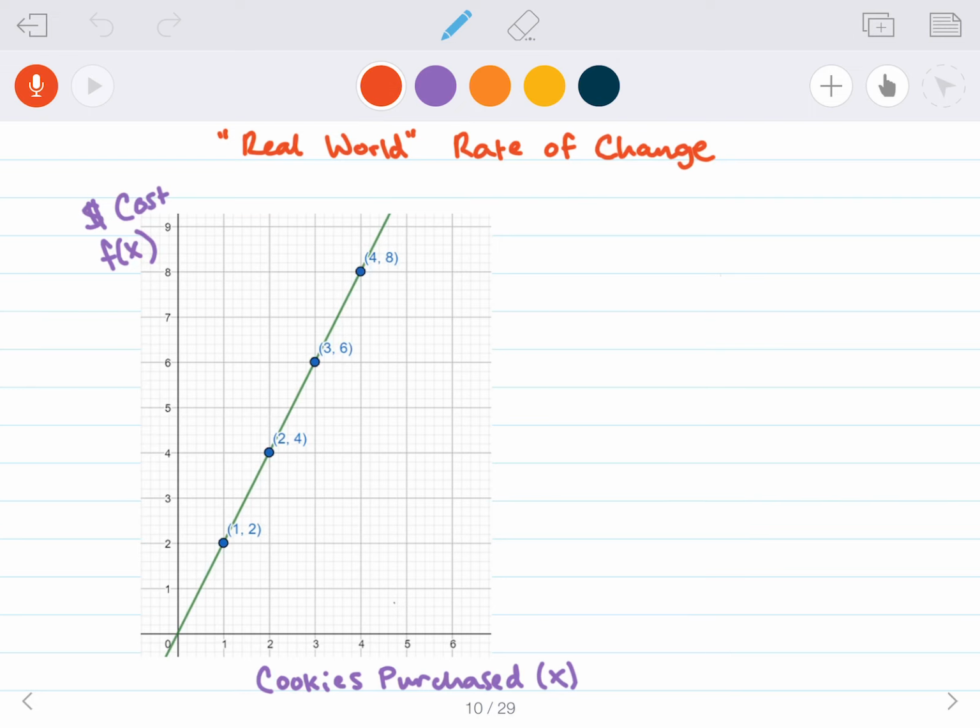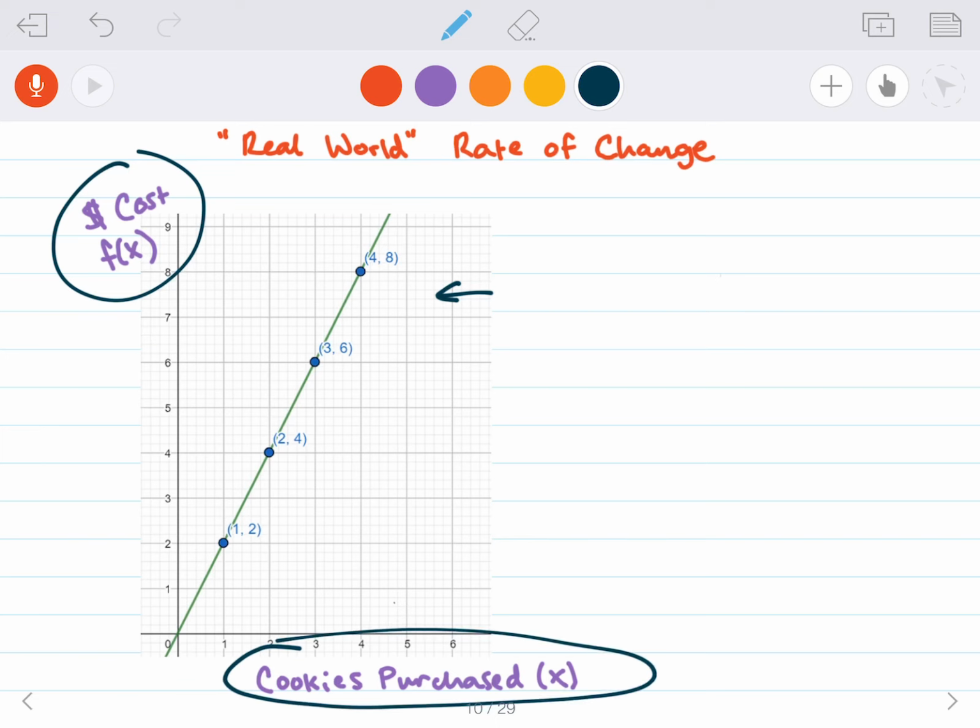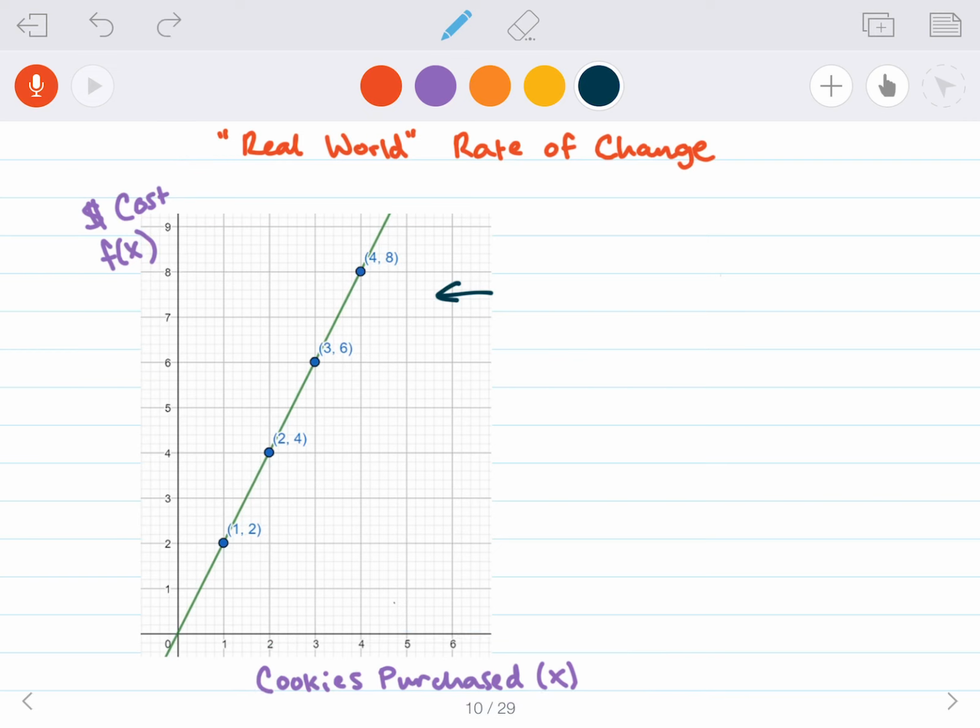This linear function is the cost, how much you're spending, as a function of the cookies you purchase. And it's linear, right? Because the rate of change is constant. So let's look at what the rate of change actually is in terms of units, or the slope.